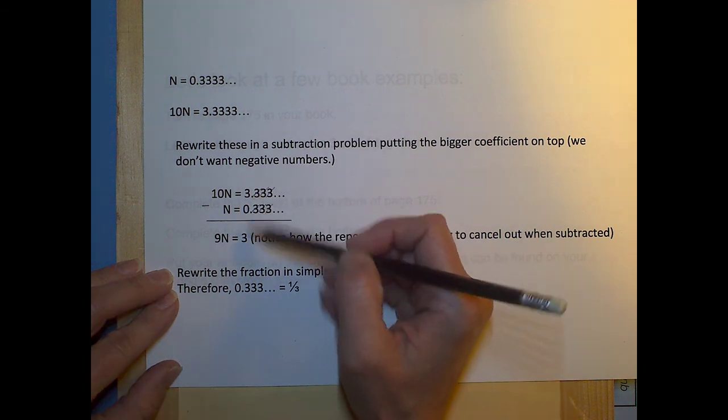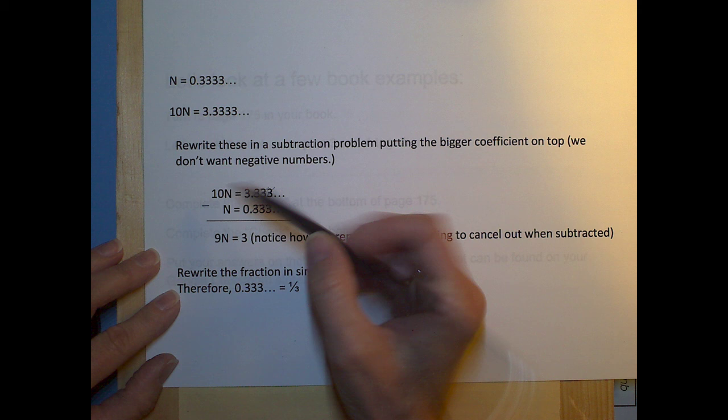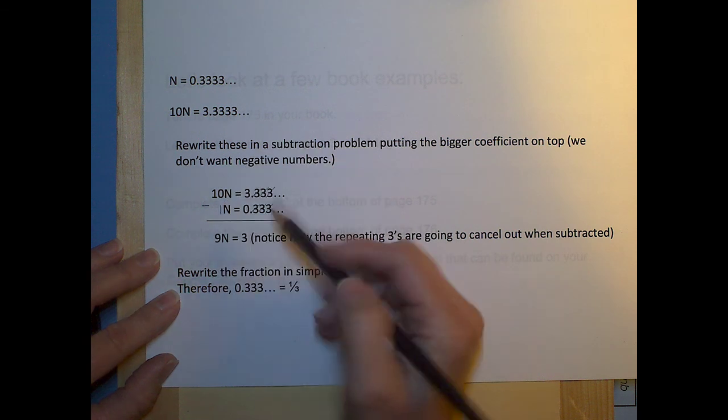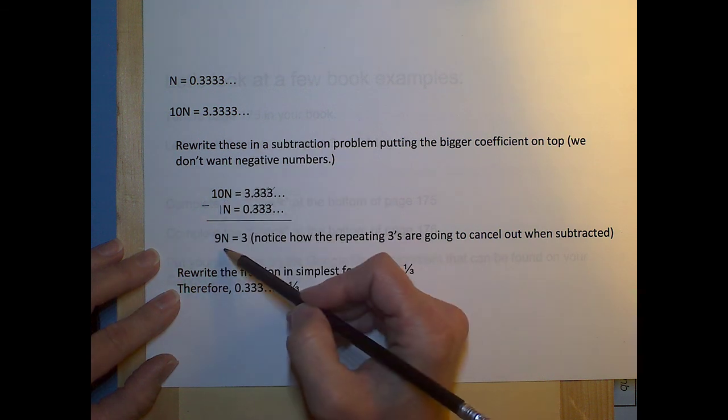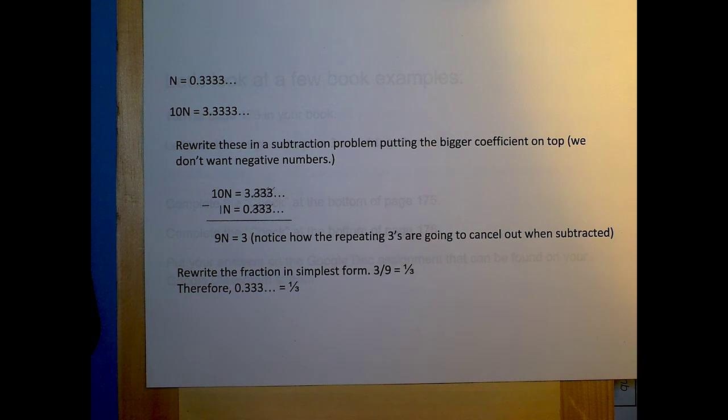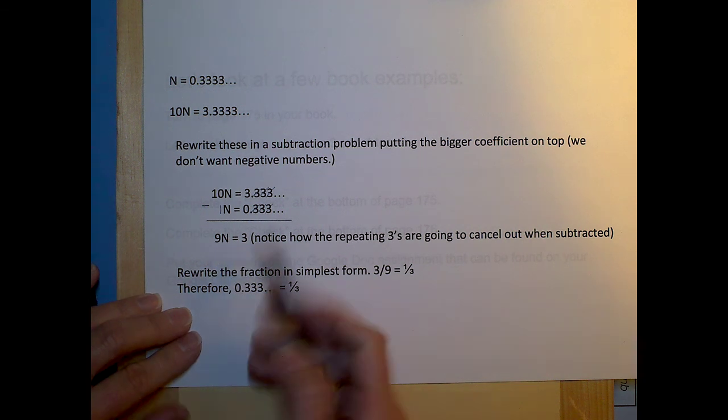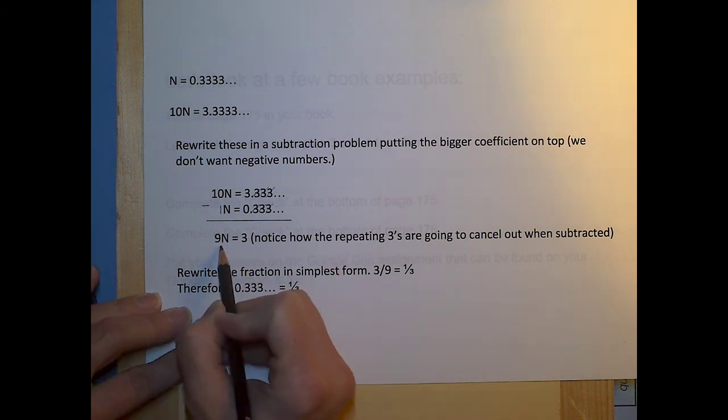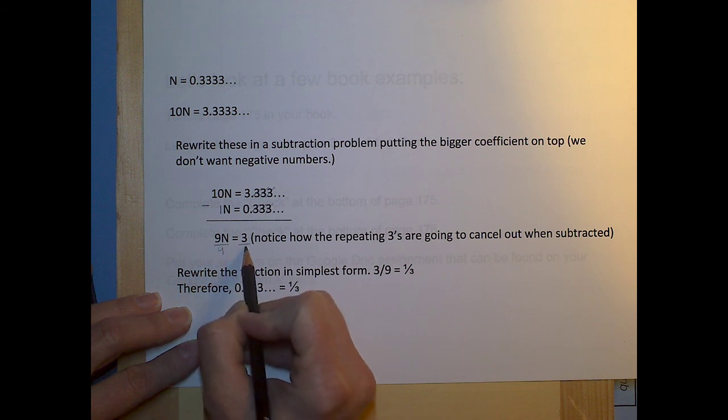3 minus 0 is 3, and 10, remember, there's a 1 there. 10 minus 1 is 9. Now, we canceled out the 3's when we subtracted. We are now left with 9n equals 3. And to undo multiplication, because this is 9 times n, we're going to divide everything by the coefficient.